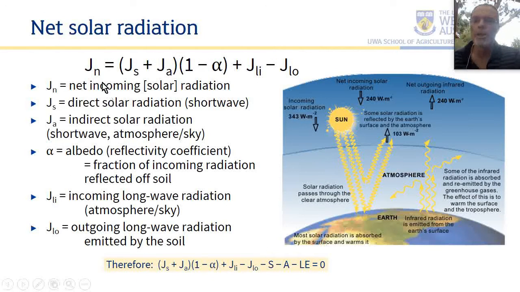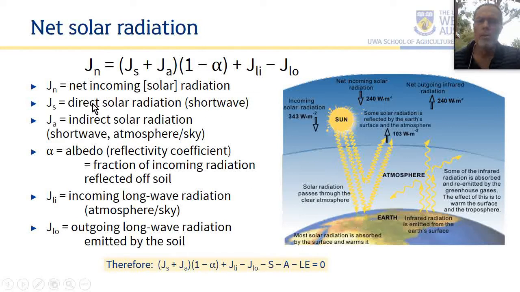All right, so the net incoming solar radiation is basically an additive function of the direct solar radiation, so shortwave radiation in the visible or ultraviolet, and indirect solar radiation, so basically the sun heating up the atmosphere or clouds and then radiating energy down towards the Earth's surface.